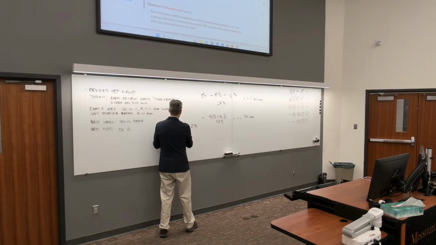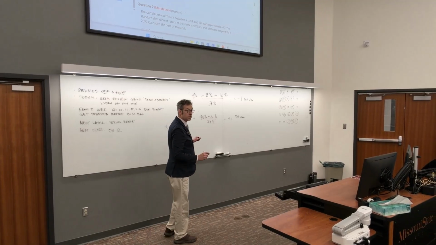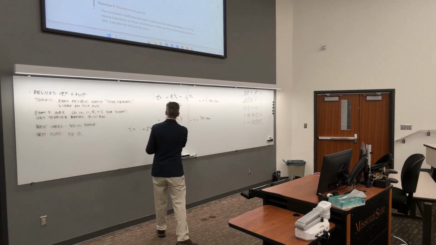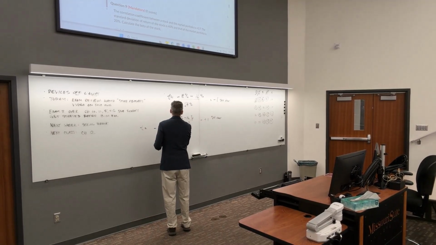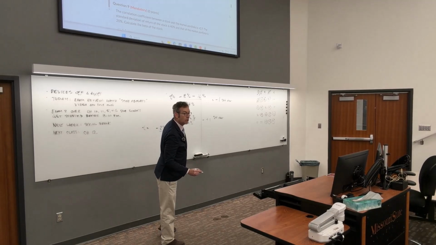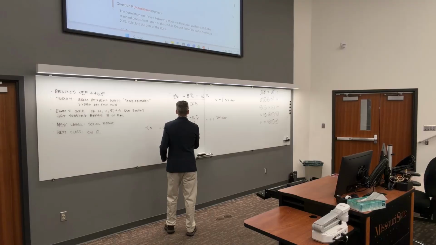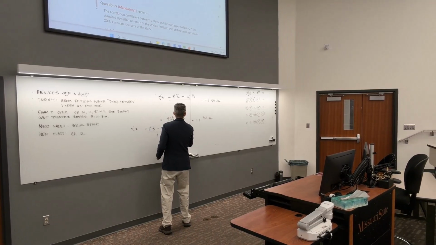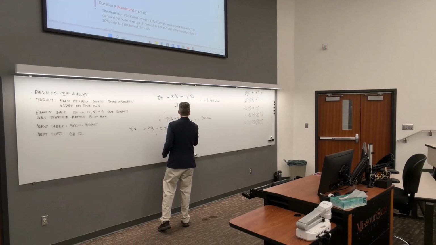This is another one of those T calculations. Minus 23, and then the minus 0.05, divide by 1. And so what we've really got here is negative 22.95 standard deviations.